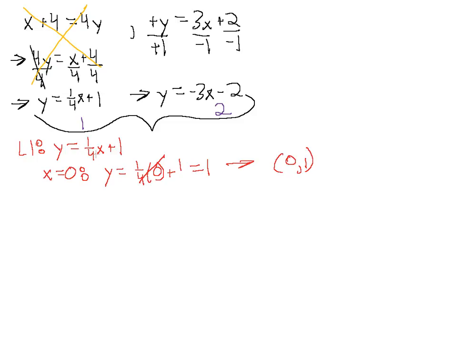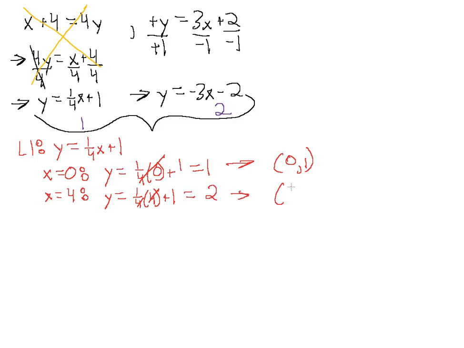Since we have a denominator here, let's pick x equals 4, and that'll cancel the denominator and we'll stay away from fractions. So when x equals 4, y equals 1/4 times 4 plus 1. The 4's cancel, so we have 1 plus 1 is 2.